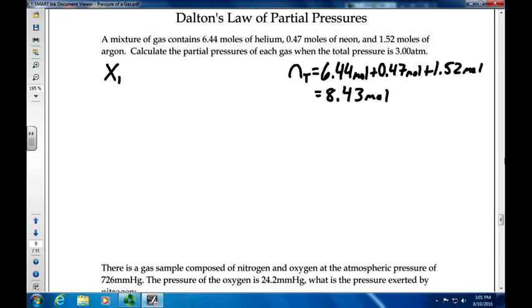So for the first one, it's X sub helium, and that's going to be the moles of helium over the total moles, which is equal to 6.44 moles over 8.43 moles.